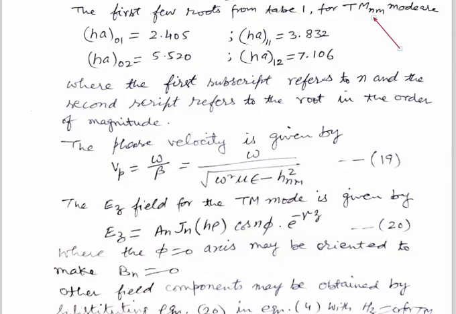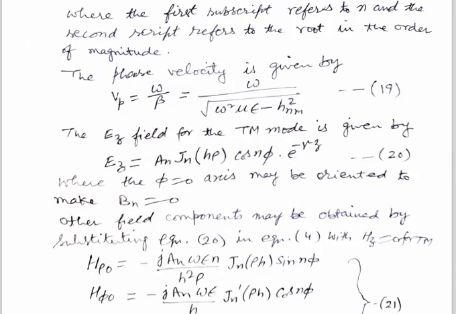Now by the proper choice of the axis, that is the phi axis, may be oriented in such a way that we may make the coefficient Bn equal to 0, and from equation number 14 then the component Ez will be given by An Jn h rho cos n phi e raised to the power minus gamma z.